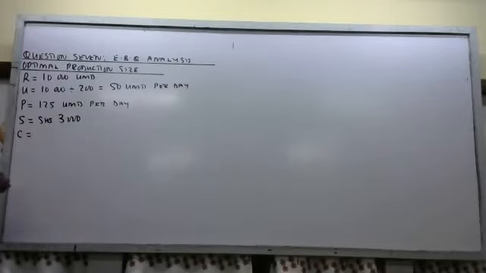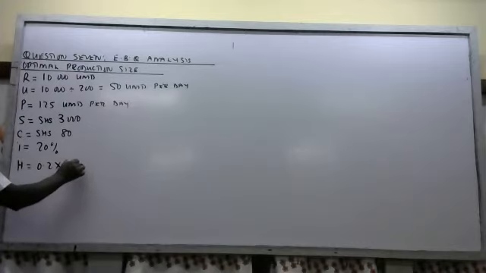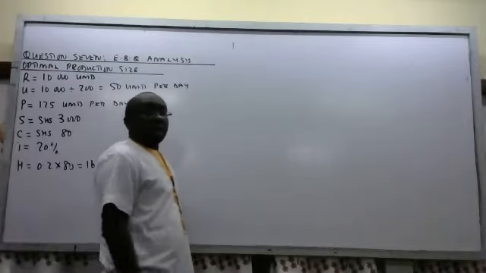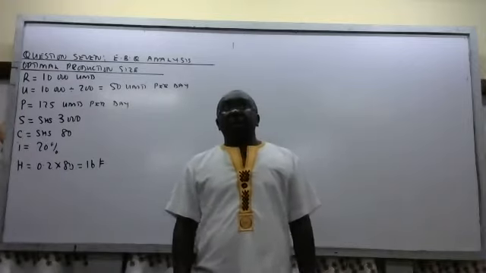C, the variable production cost per unit, is 80 shillings. The cost of capital I is 20%. So your carrying cost H should be 0.2 times 80, which is 16 shillings.